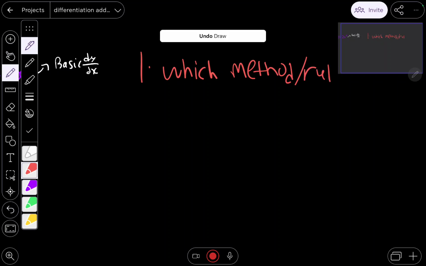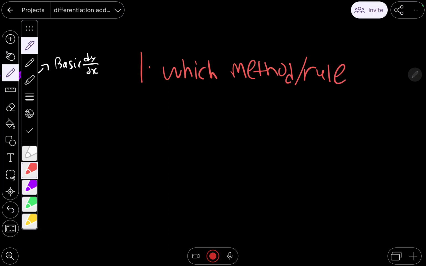I hope this will help you, as it is a method that I always use. And the second one, ask yourself this question: is it in a nice way to differentiate dy/dx?